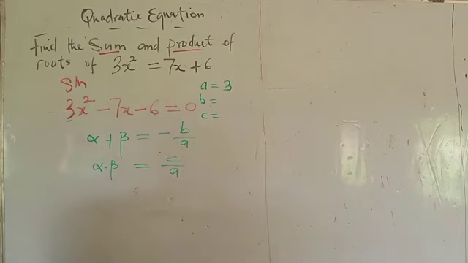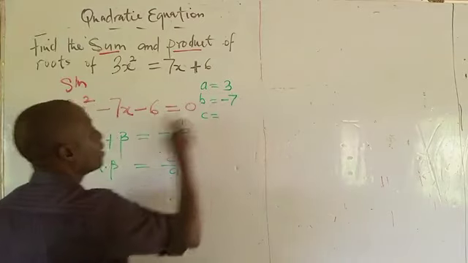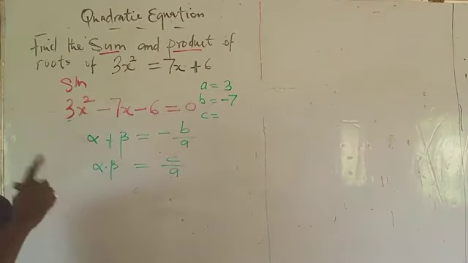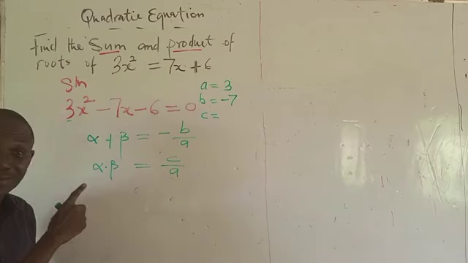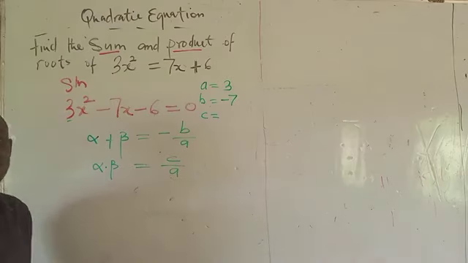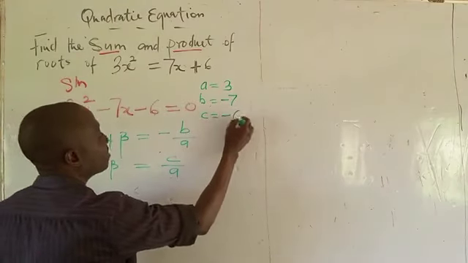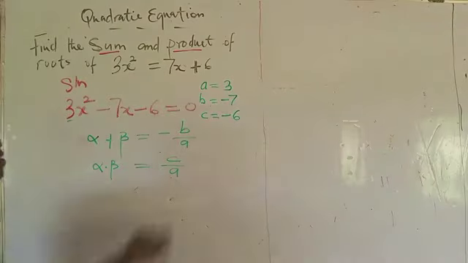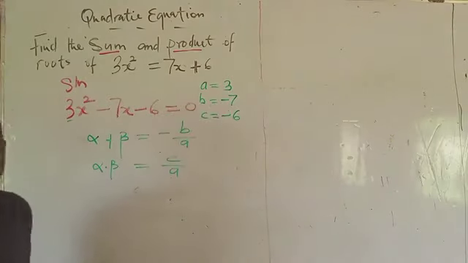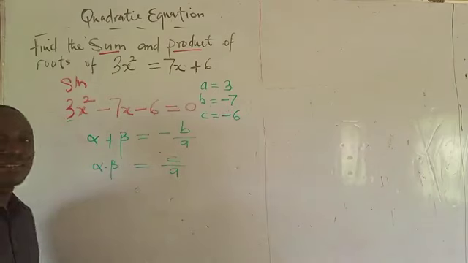The coefficient of x is minus 7. It is not 7, it's minus 7. If you use it as 7, everything will be wrong. And the constant, which is c, is minus 6. So when you have a, b, c, you just plug them in and get your answer.